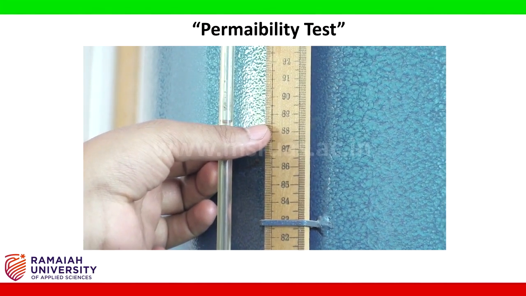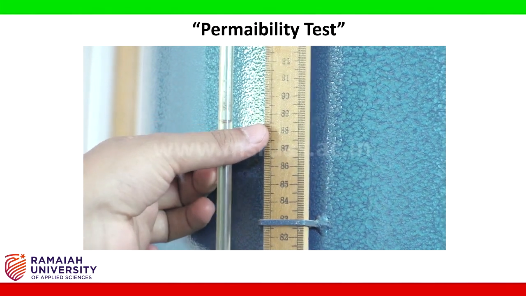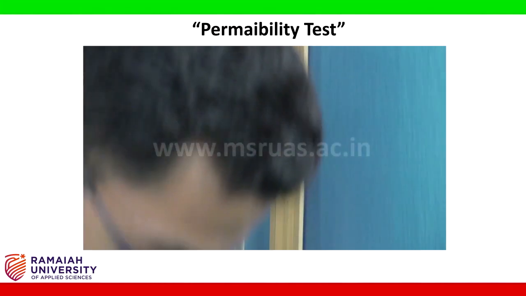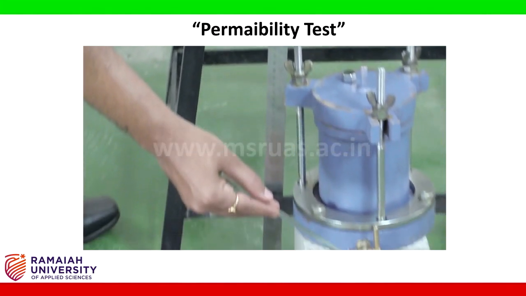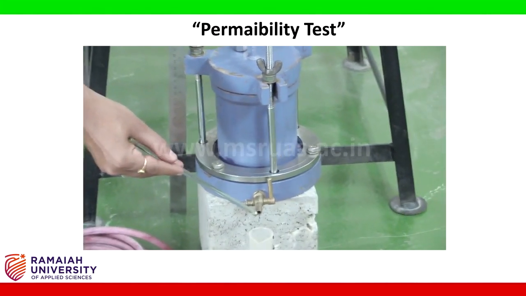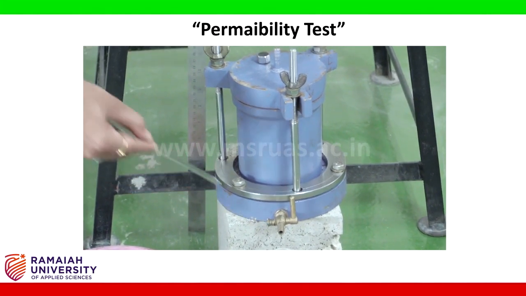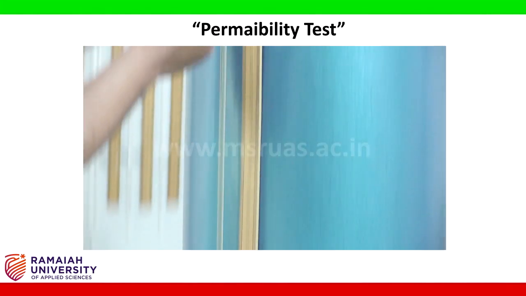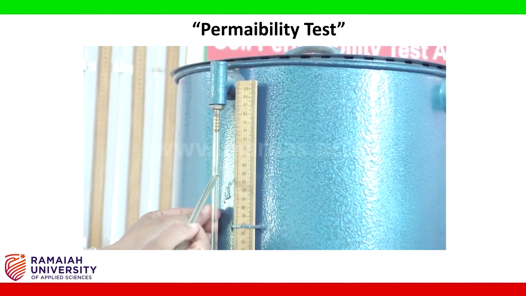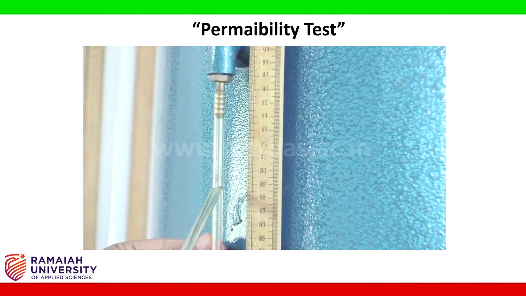Before we start with the test, we need to measure the total head with respect to the exit pipe and its center. So the distance between the center of this exit pipe and the water level in the reservoir needs to be measured.